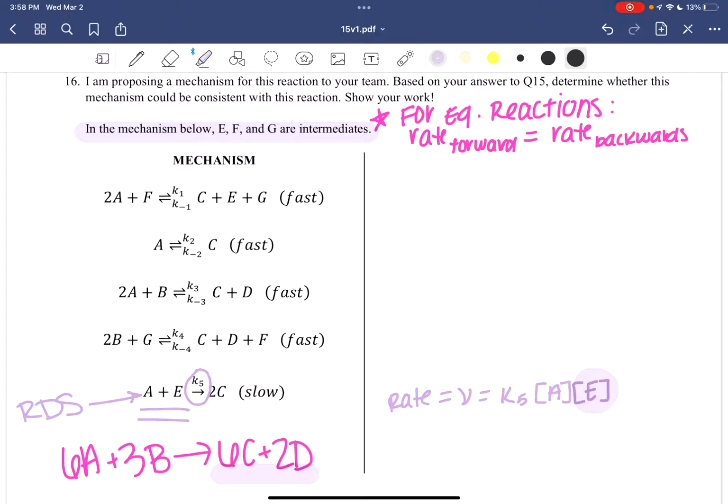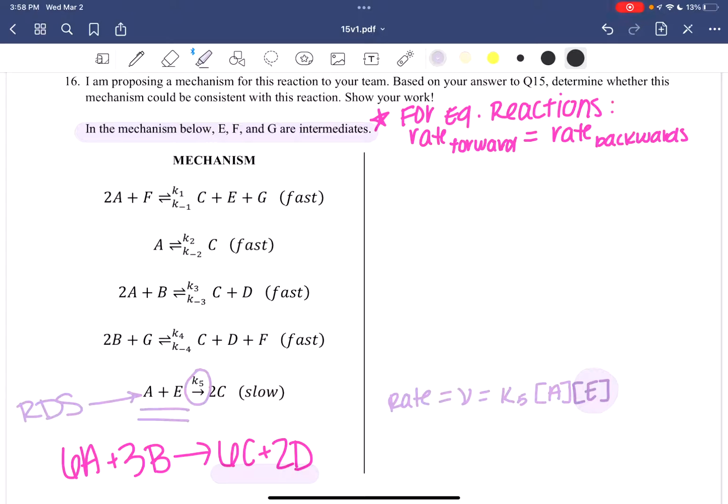So just keep in mind that A and B are the only ones that should or could show up in our final rate law. And anytime we have E, F, G, or C or D, we're going to use these other mechanism steps and those rate laws to try and get rid of them.